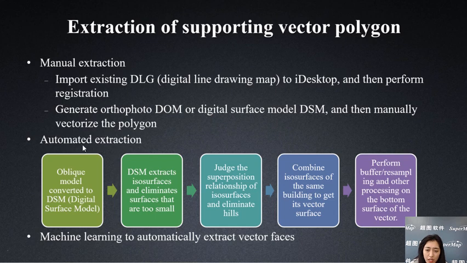So first, the DOM and DSM are extracted through the oblique photographic data, and the model automatically extracts the underside of the building through the image information of the DOM and the elevation information of the DSM to generate the vector data. And the extraction result can be superimposed and stretched with oblique photographic data in the 3D scene, and the effect is shown in this figure below.